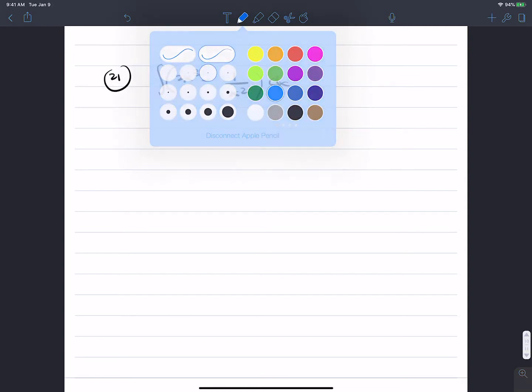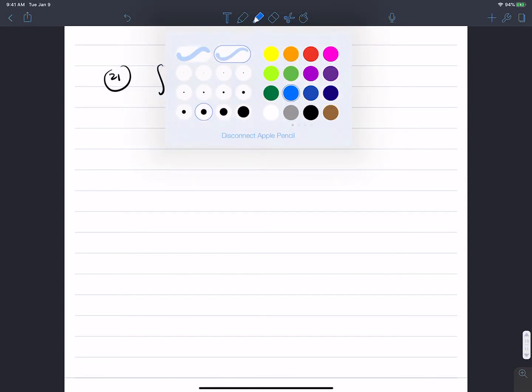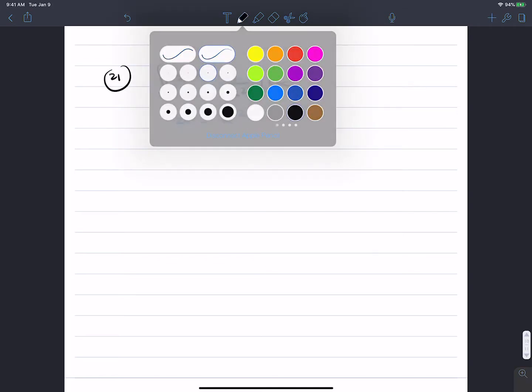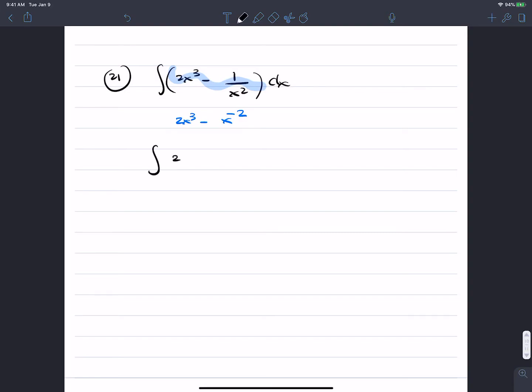And I want to remark that you really have 2x cubed minus x to the minus 2 power here. So this integral here is now going to be 2x cubed minus x to the minus 2 power dx.